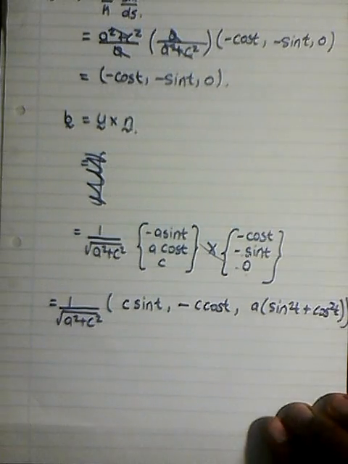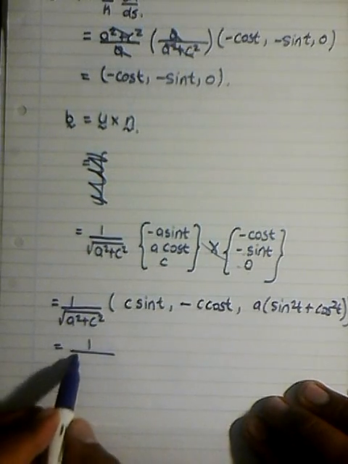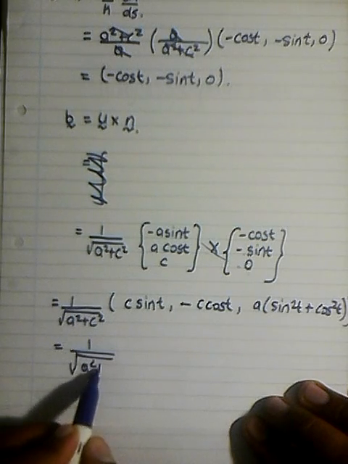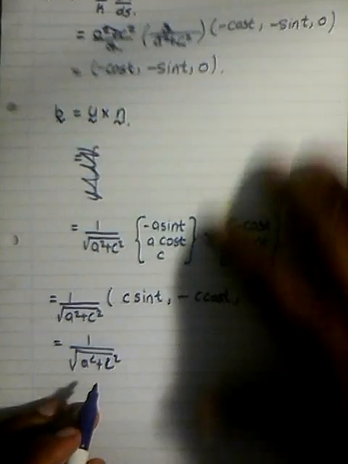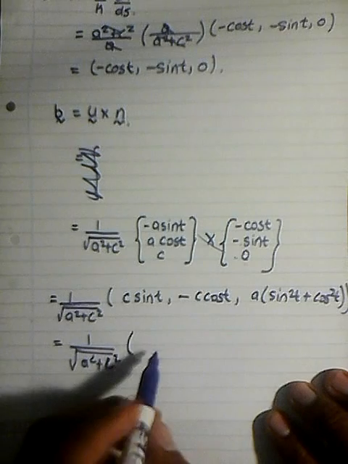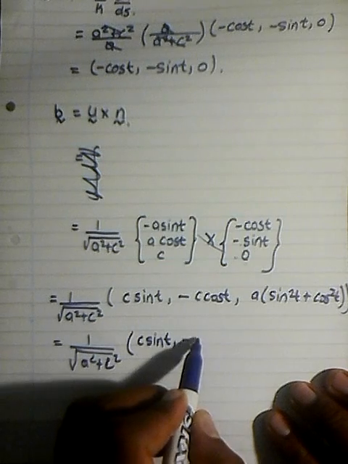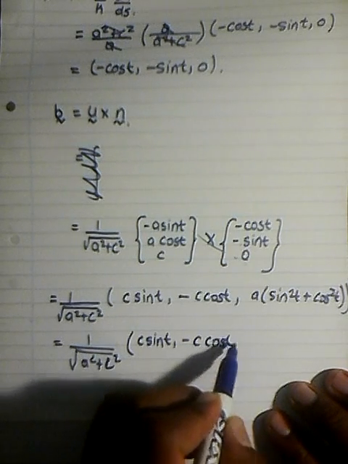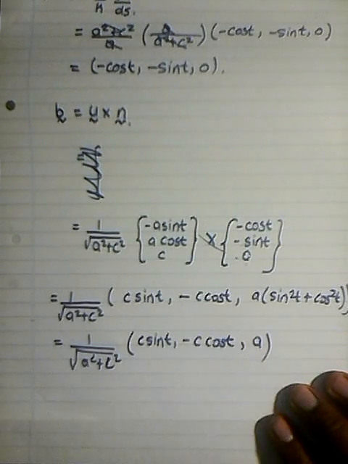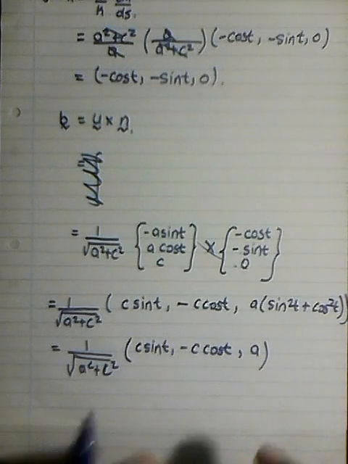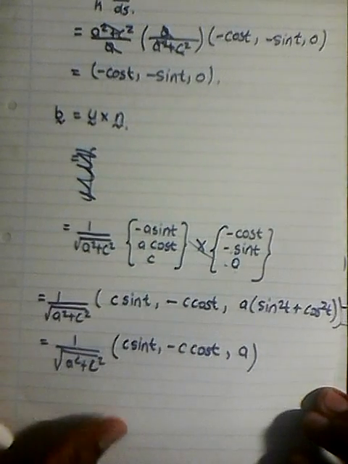Let me just factor out a. This simplifies to 1 over the square root of a squared plus c squared, multiplied by c sine t, minus c cos t, and a. Note that here we get 1. So that is our binormal vector.